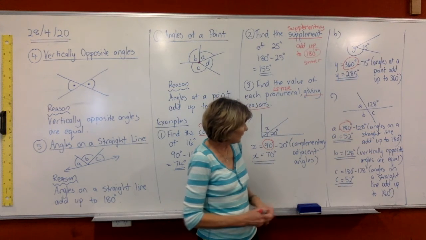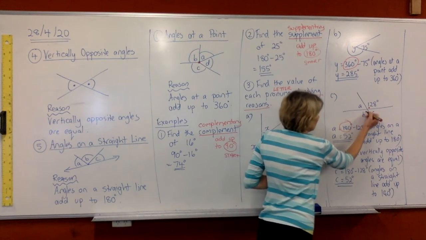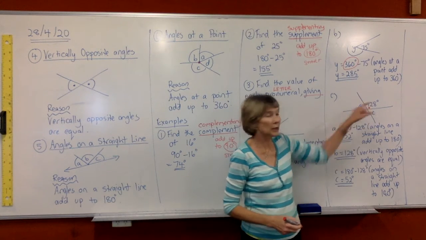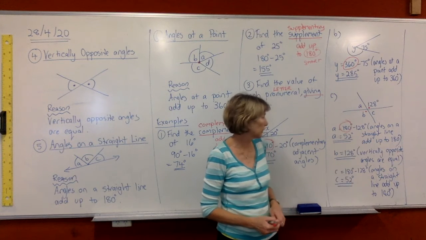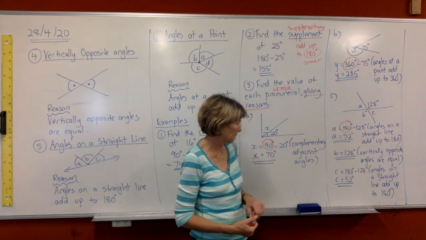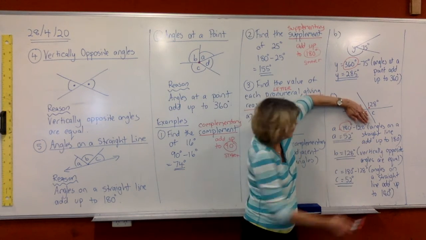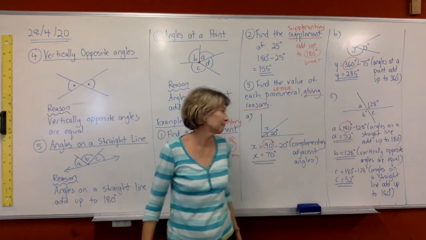Now B, these 2 are vertically opposite each other. And you know that vertically opposite angles are equal. So B will straight away equal 128 degrees, and write your reason down. Vertically opposite angles are equal. So when we look at C, if we cover up this part of the diagram and just look over here, you can see these 2 are on a straight line.